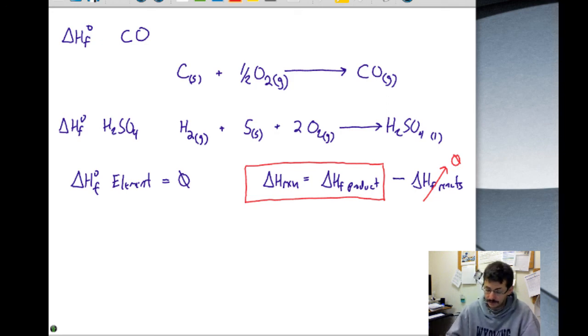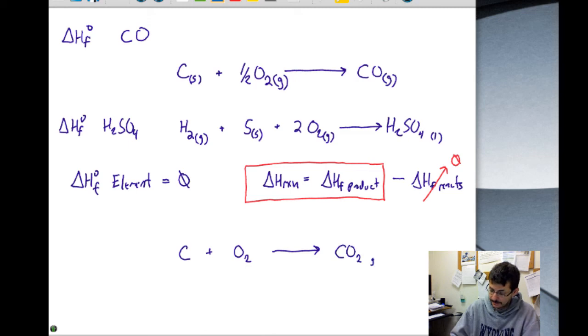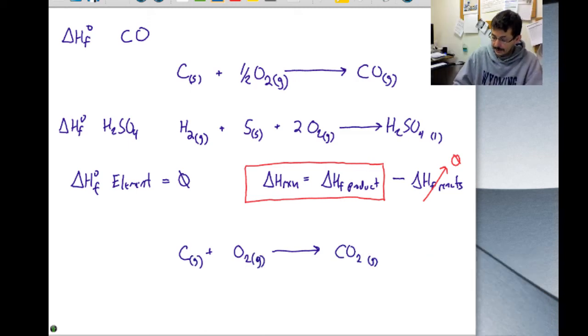Now, sometimes you can take things like carbon plus O2 going to CO2 gas, and the delta H of that reaction can be measured.